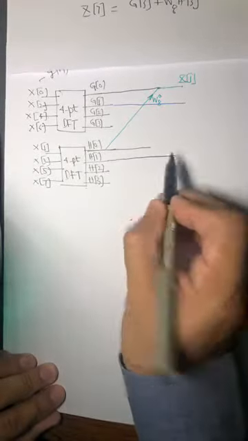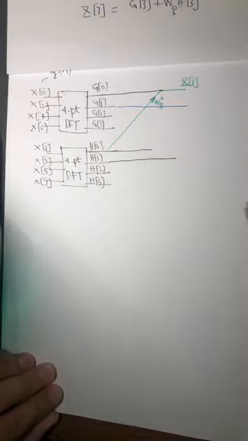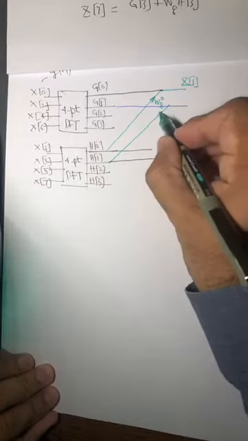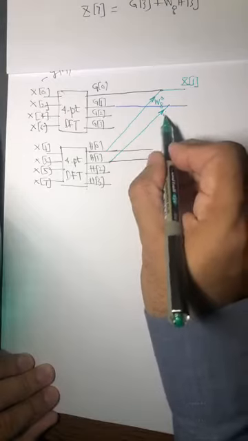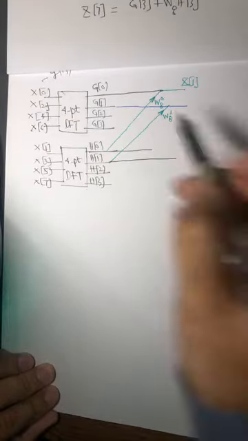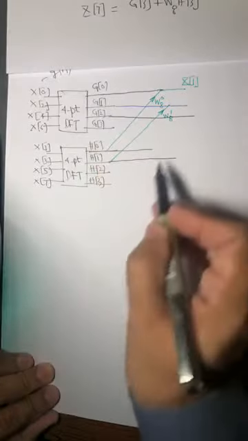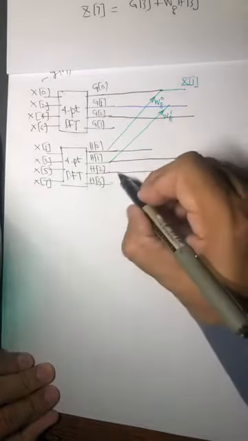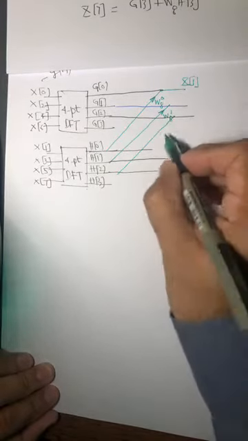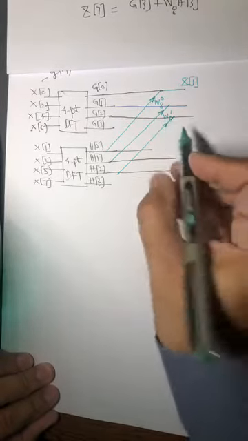and H of 1. You take this H of 1, W8^1. Then you have G of 2. I'm just combining as given in the formula. Nothing fancy about this. Just using different colors so that you get a feel of it.